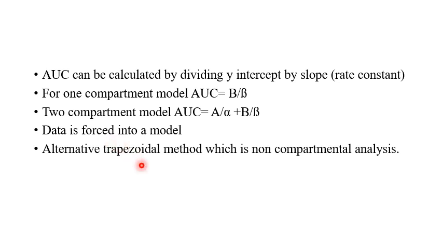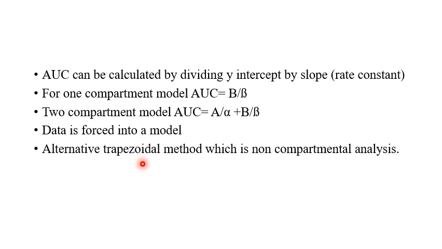So for this, an alternative method for calculating the area under curve is used, and this method is called the trapezoidal method, or trapezoidal rule, and it is basically a non-compartmental analysis technique. In this method, we divide the curve by using a series of vertical lines into a number of trapezoids, and then we calculate separately the area of each trapezoid, and then we add together the area of all the trapezoids.